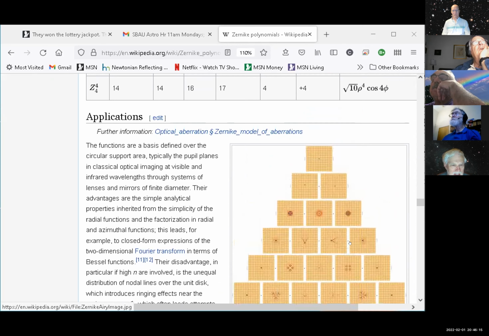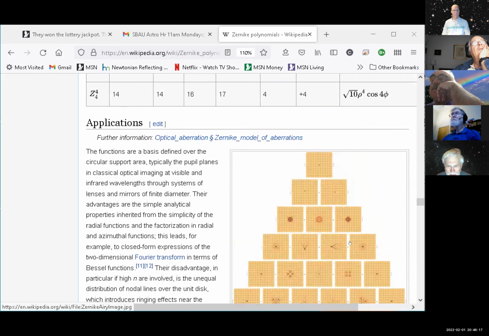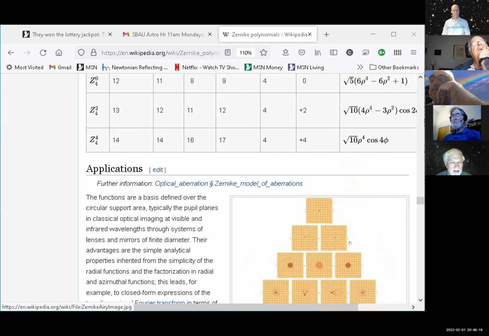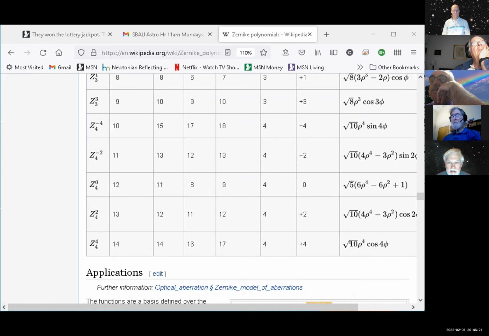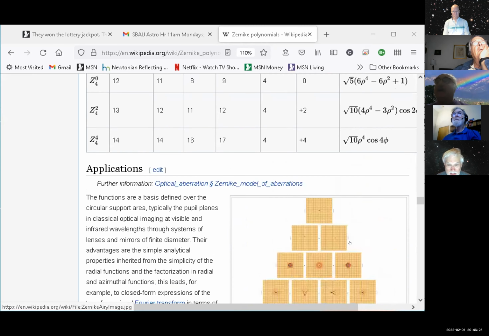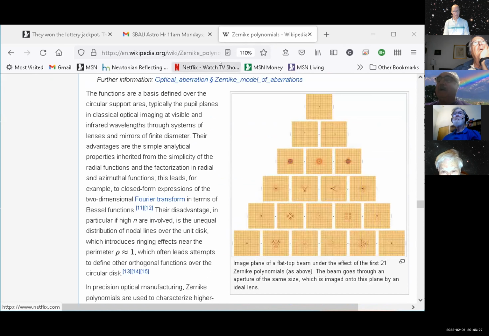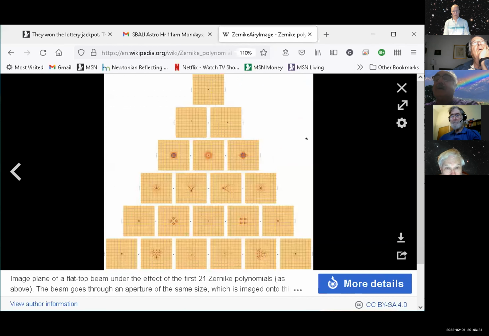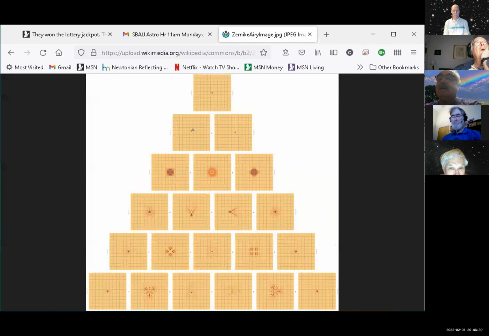So basically, the Zernikes are really an approximation. I mean, there's an infinite number of terms if you go real far back. Look at that image right there. Where piston is, the dot is right dead center. The next one is kind of offset on the left and then the right. That has to do with tilt.